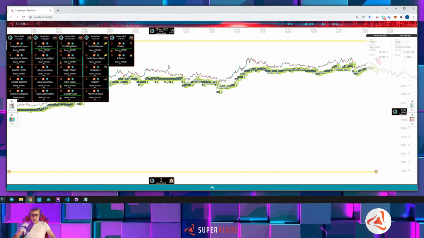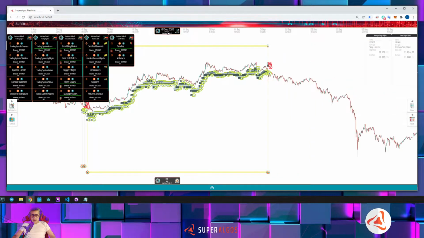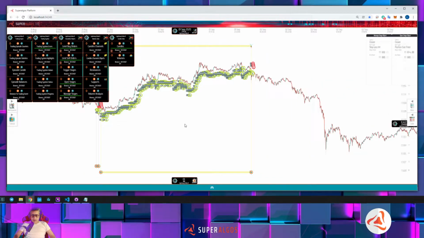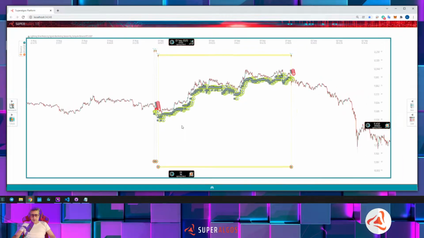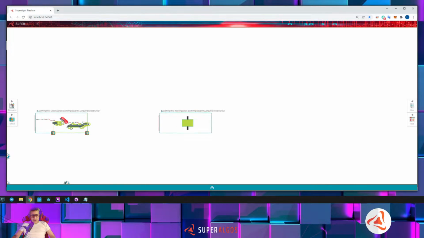It's very much looking like everything went well. Amazing. So this is the bot following the signals.